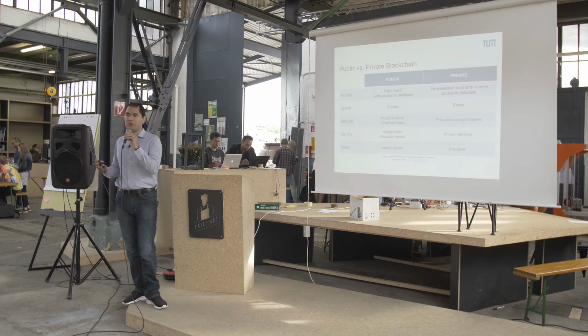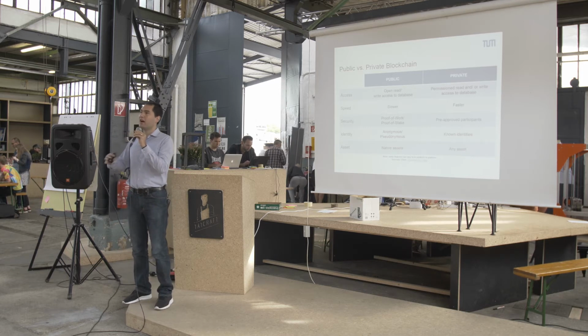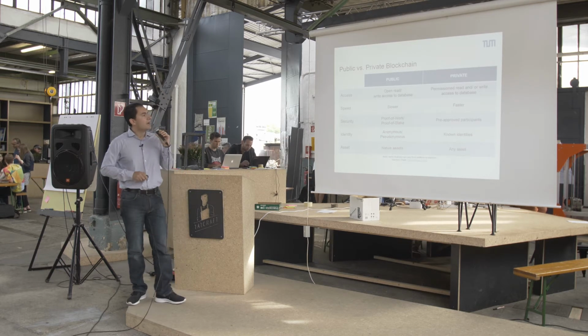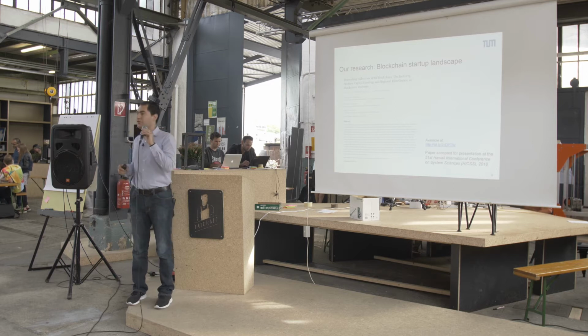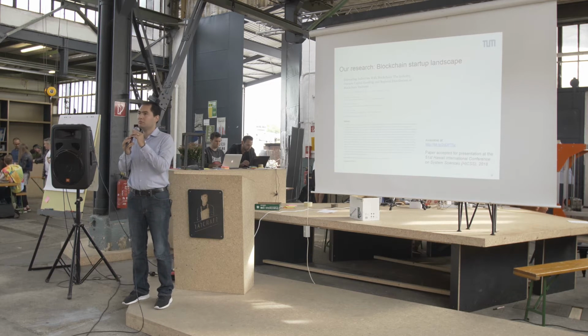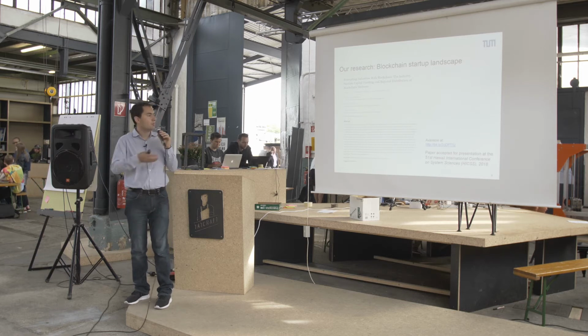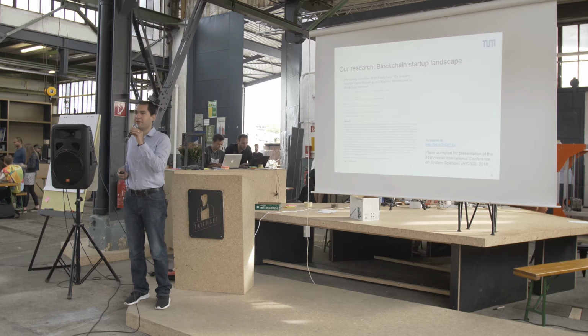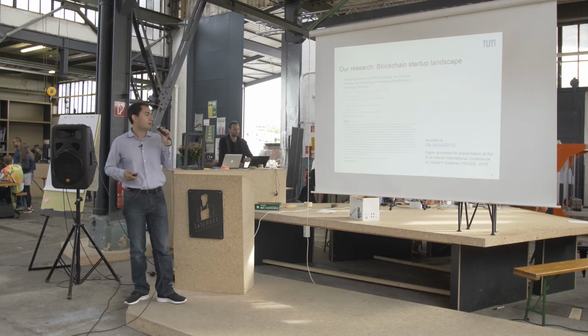What we wanted to address in our research was really the startup environment that is out there right now. And I want to show you our research that will appear in January 2018. We'll present it at one of the computer science conferences, the HICSS, the Hawaii International Conference on System Sciences.